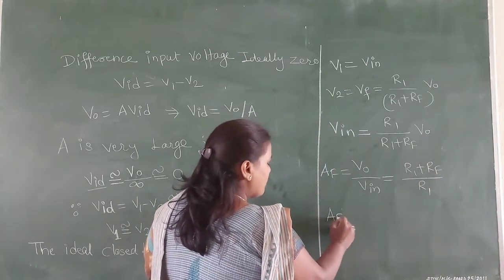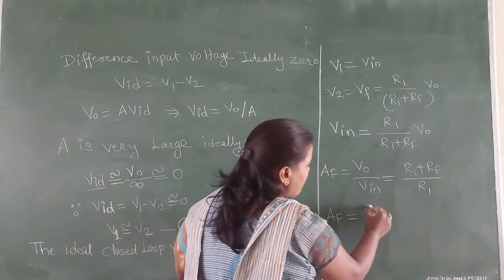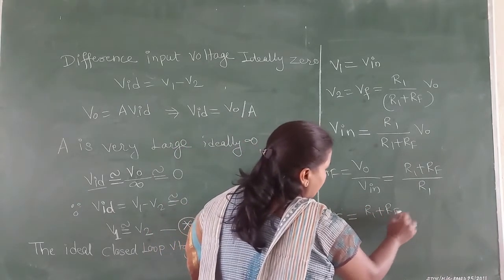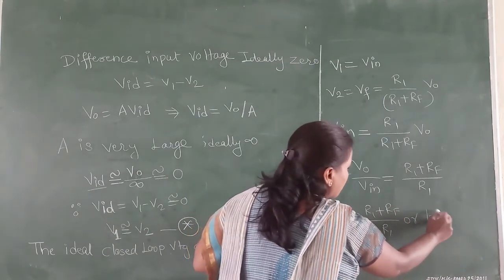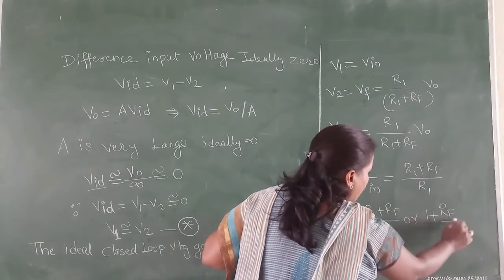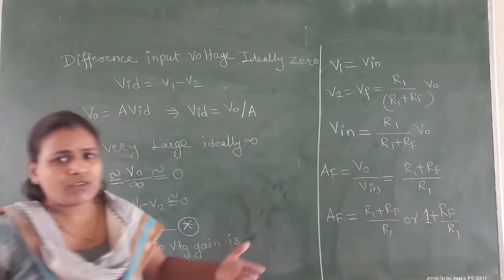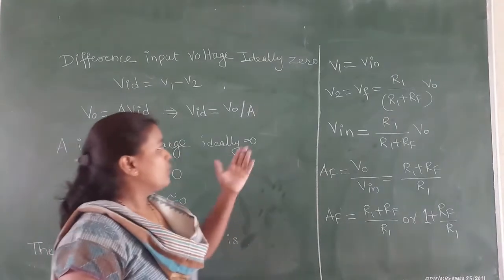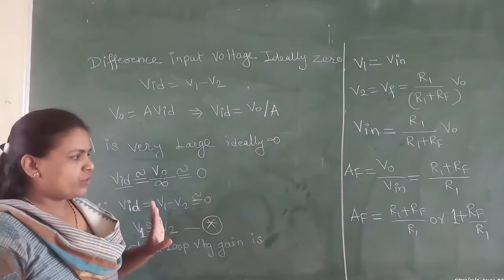So my gain with feedback AF is equal to R1 plus RF divided by R1, or we can write this as 1 plus RF by R1.